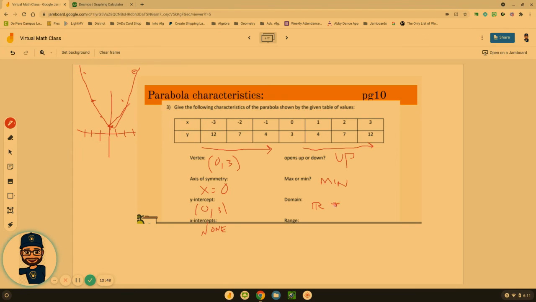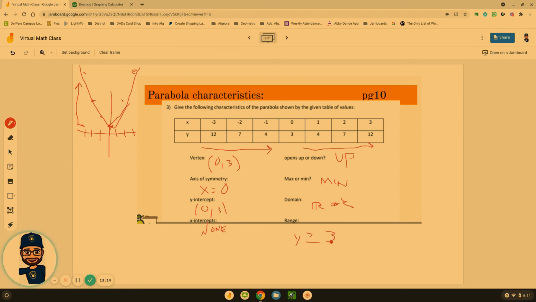Any domain for a parabola is going to be all real numbers because it goes left and right forever and ever. But what's the range? Well, in this case, all of the y values are going to keep going up from there, right? What did we say the value was here at our vertex? 3. So all of our y values have to be greater than or equal to 3.